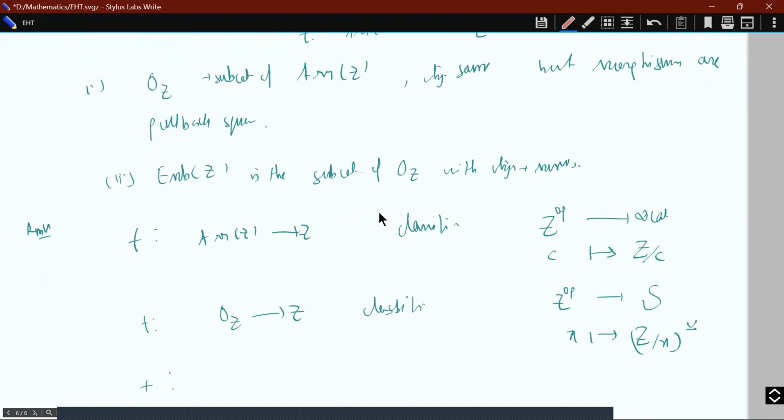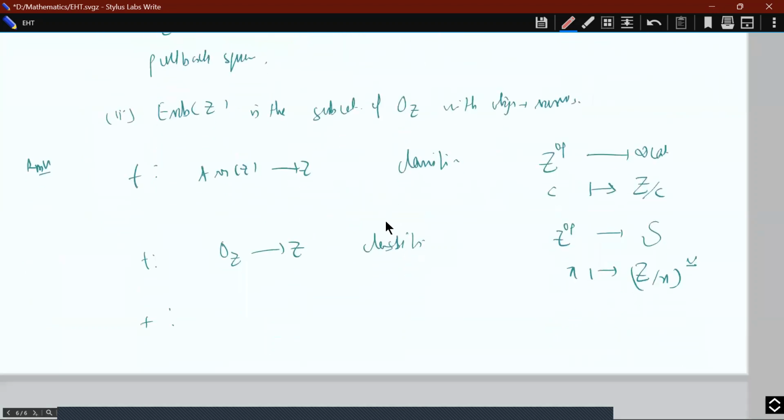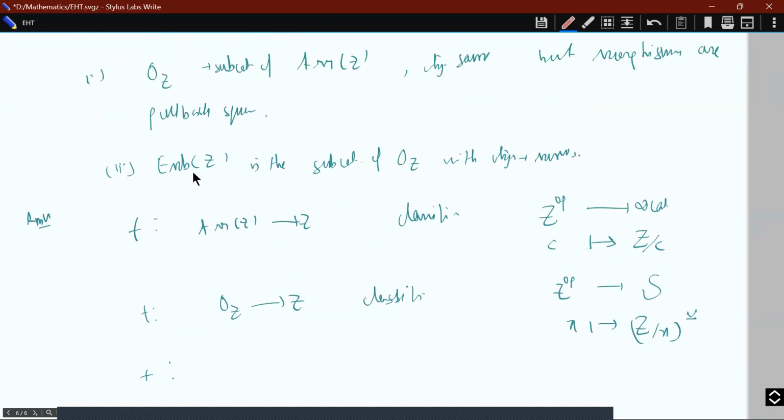I see. Maybe just call it the embedded category or whatever. This is the notation that is actually used.